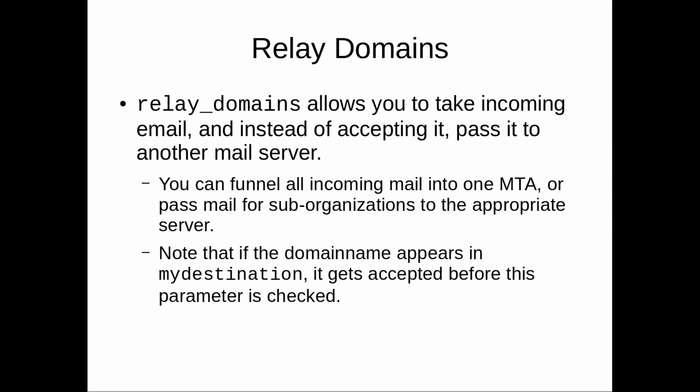Number 1 is relay domains. And what this allows us to do when an email arrives at our server, instead of accepting it and figuring out how to put it in the message store using the local delivery agent, we can just say, I'll accept it, but it's not really for me.